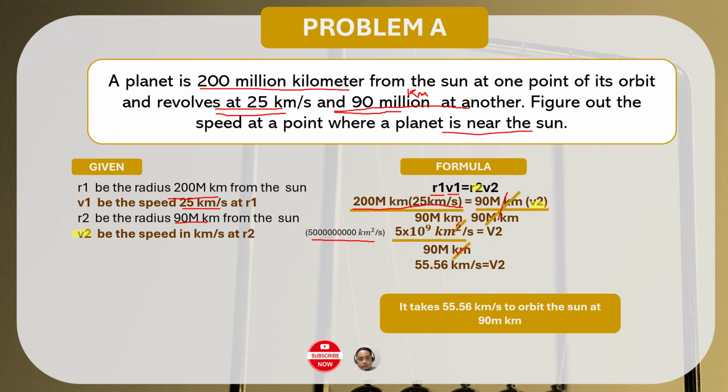But when that planet is nearer to the sun, it will speed up to 55.56 kilometers per second. It takes 55.56 kilometers per second to orbit the sun at that particular radius or distance.